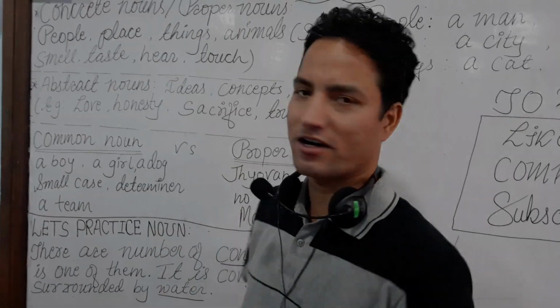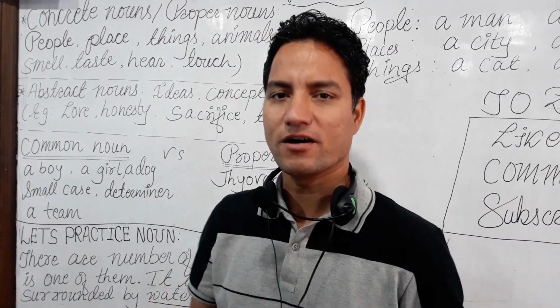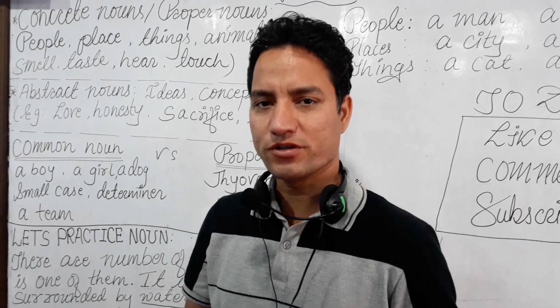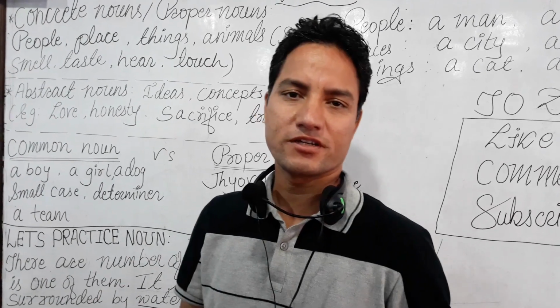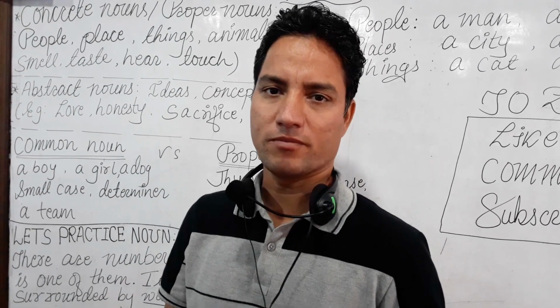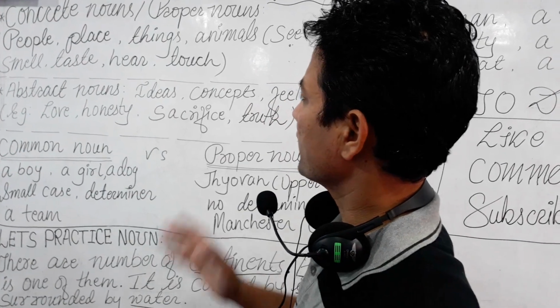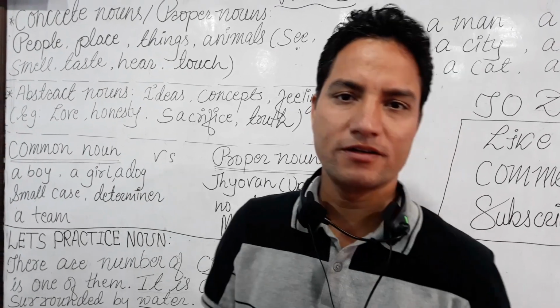We are going to talk about nouns as we did before. More lessons on noun. If you want to speak better English, you need to know nouns properly. This is a continuation of the same lesson, but I will be talking about different ideas on noun. Last time, concrete and proper nouns.